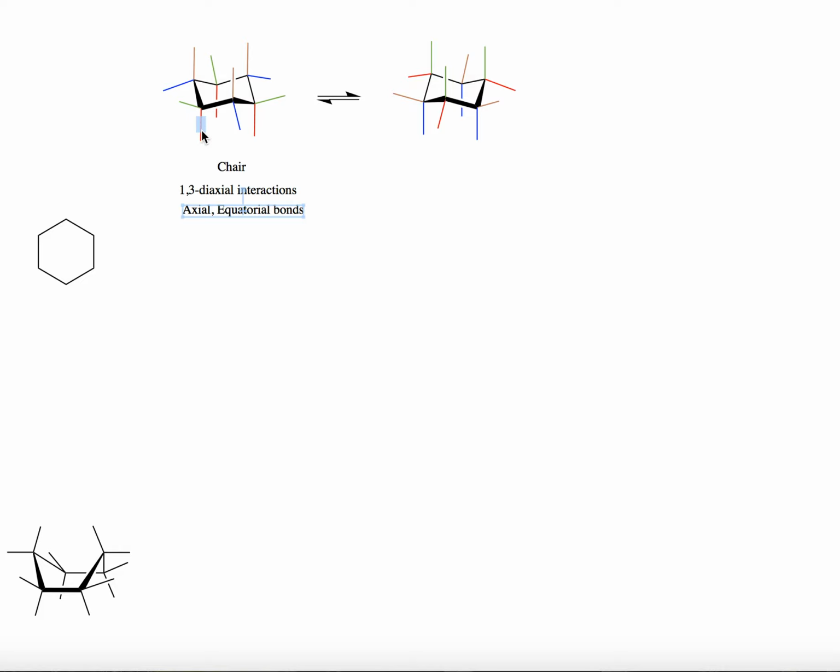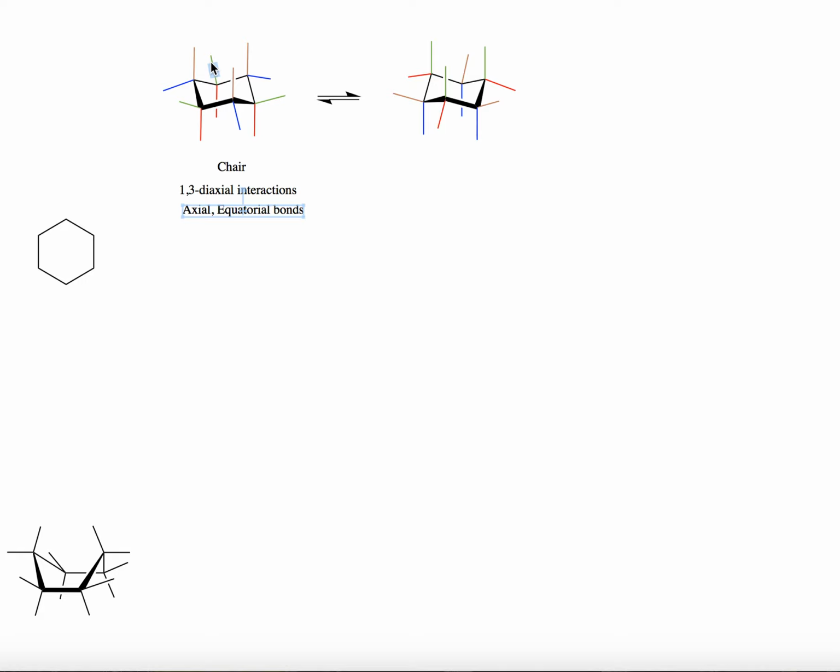So if this is straight down, this has to be slightly above the plane. In the next carbon, below the plane. In the next carbon, above the plane. In the next carbon, below the plane. In the next carbon, above the plane. So both axial and equatorial bonds alternate. In one carbon, they are above the plane. In the next carbon, they will be below the plane.